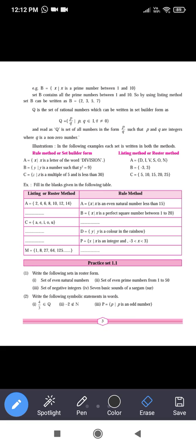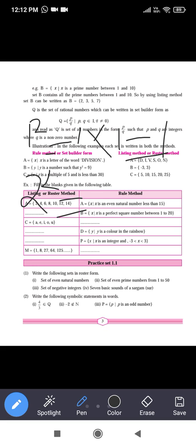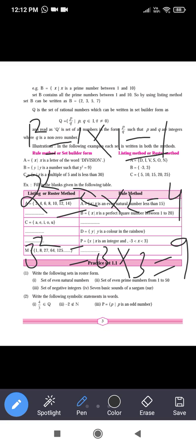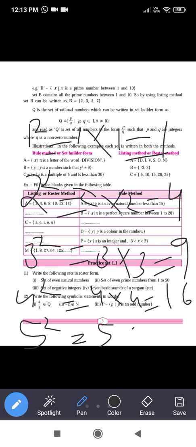For example, when you take the square of 1, you get 1 into 1 is equal to 1. Square of 2 is 2 into 2 is equal to 4. Square of 3 is 3 into 3 is equal to 9. Square of 4 is 4 into 4 is equal to 16. Square of 5, 5 into 5 is equal to 25.